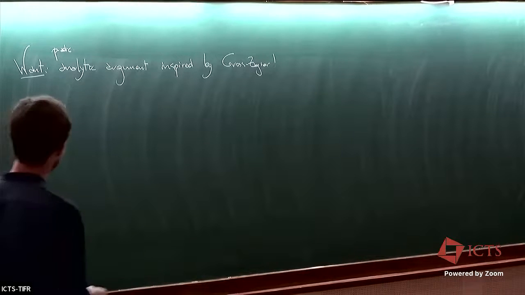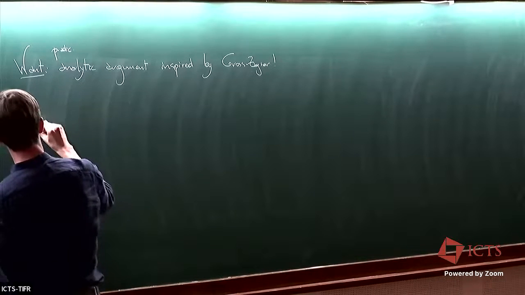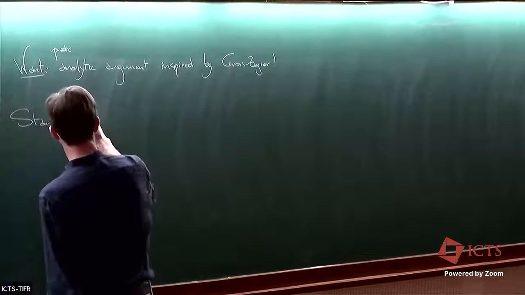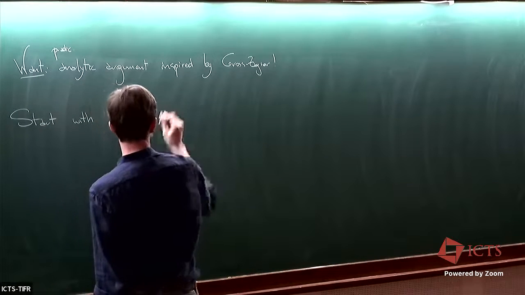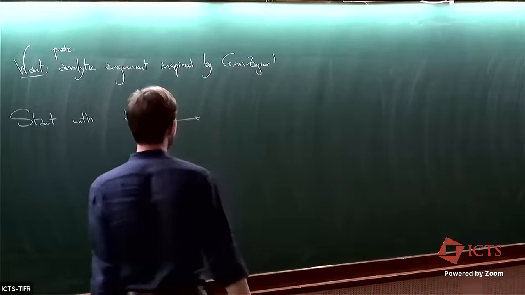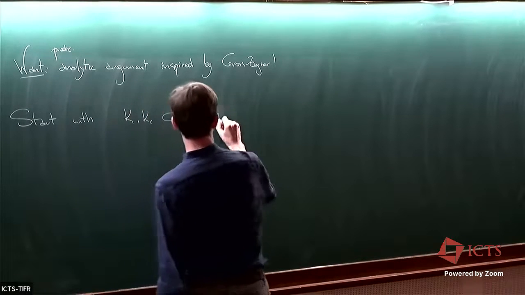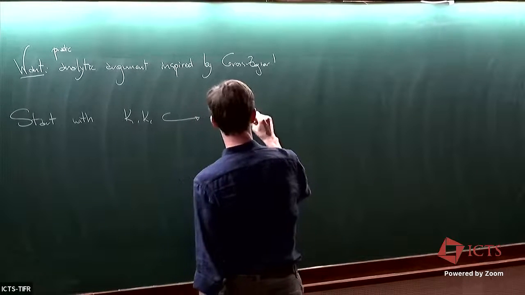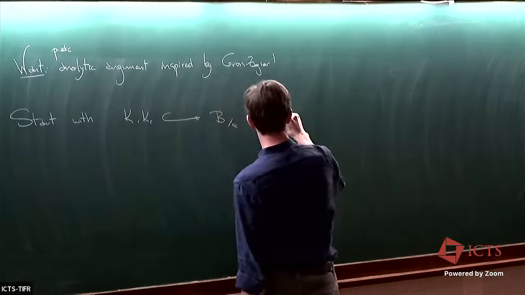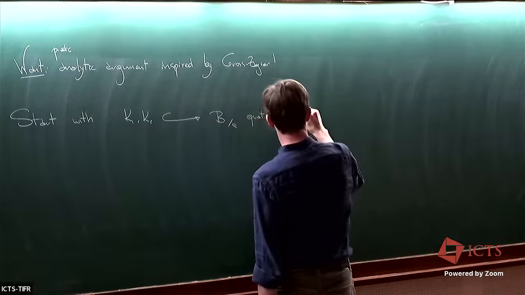Okay, and the basic data that we have is the following. So we start with a pair of embeddings, K1 and K2, into the matrix algebra, but in fact, the proof applies equally well to any quaternion algebra B over Q that is indefinite.